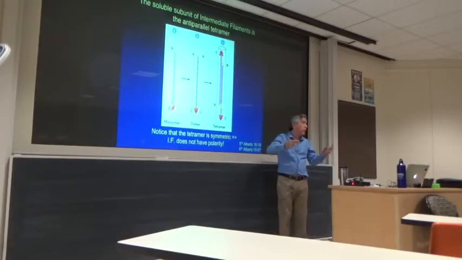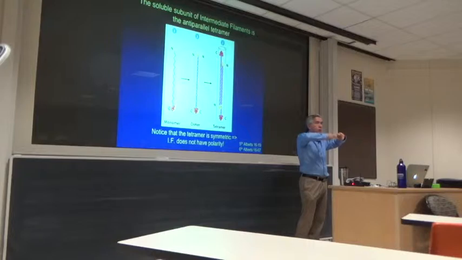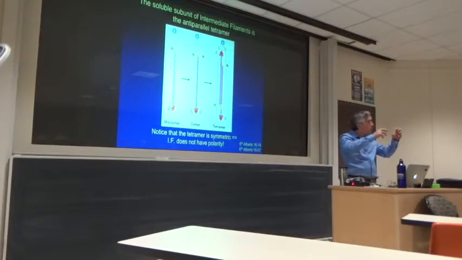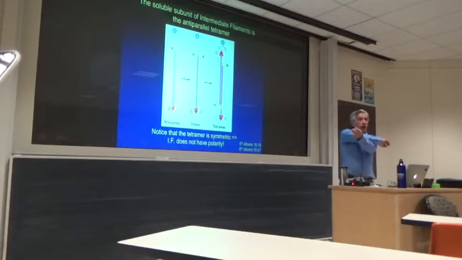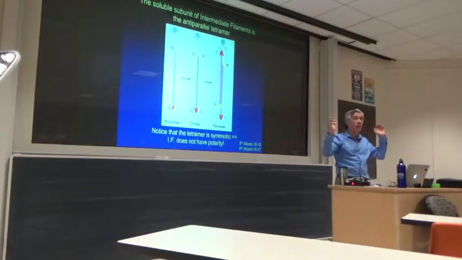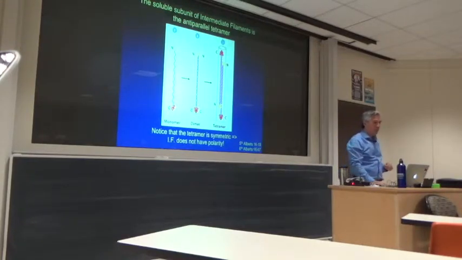Perfectly symmetrical, because it's formed by two subunits going in opposite directions. So that means that when you assemble the intermediate filament, the intermediate filament as a whole will look identical if you flip it 180 degrees. Means no polarity. Intermediate filaments are not polar filaments. They are symmetrical filaments.